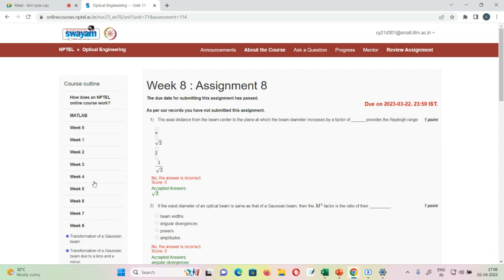So this is the first question. The axial distance from the beam center to the plane at which the beam diameter increases by a factor of dash provides the Rayleigh range. Okay. Oh, sorry, I didn't share the screen.